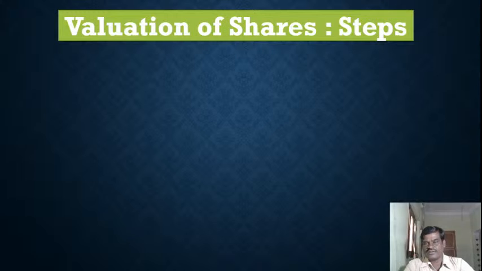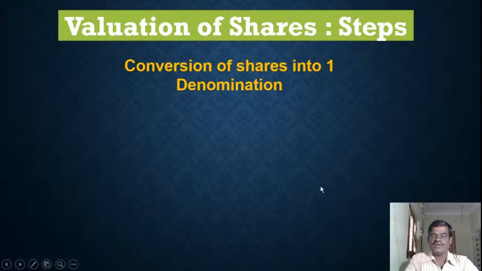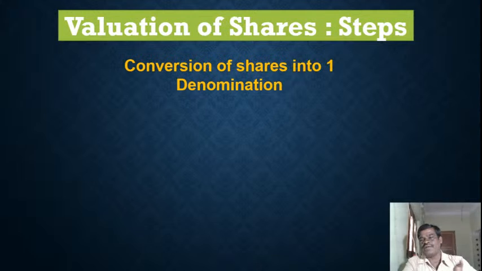There are steps. For the first step, what is that? Conversion of shares into one denomination. If there is a face value of 10 and another of rupees 5, rupees 5 can be converted into 10 or rupees 10 can be converted into 5, whatever it may be, vice versa.